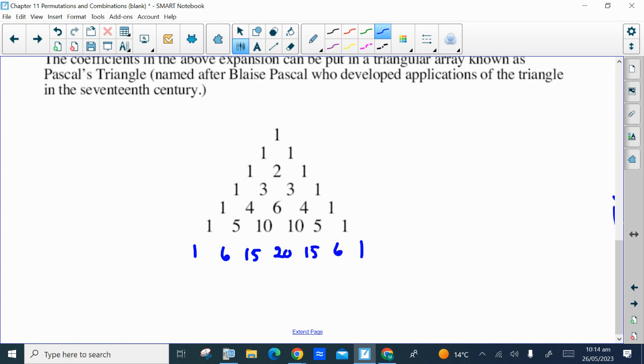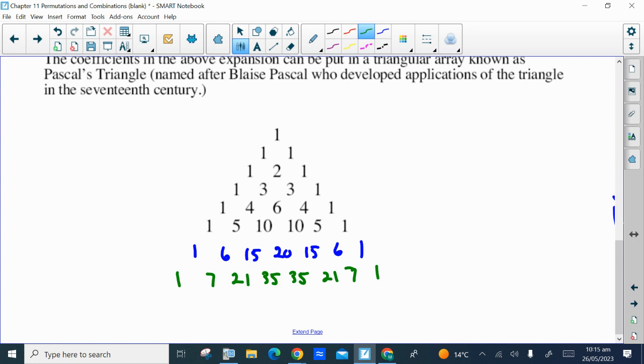And 5 plus 1 is 6. The next row starts with a 1 and ends with a 1. 1 plus 6 is 7. 6 and 15 is 21. 15 and 20 is 35. 20 and 15 is 35, and so on. And this goes on forever.